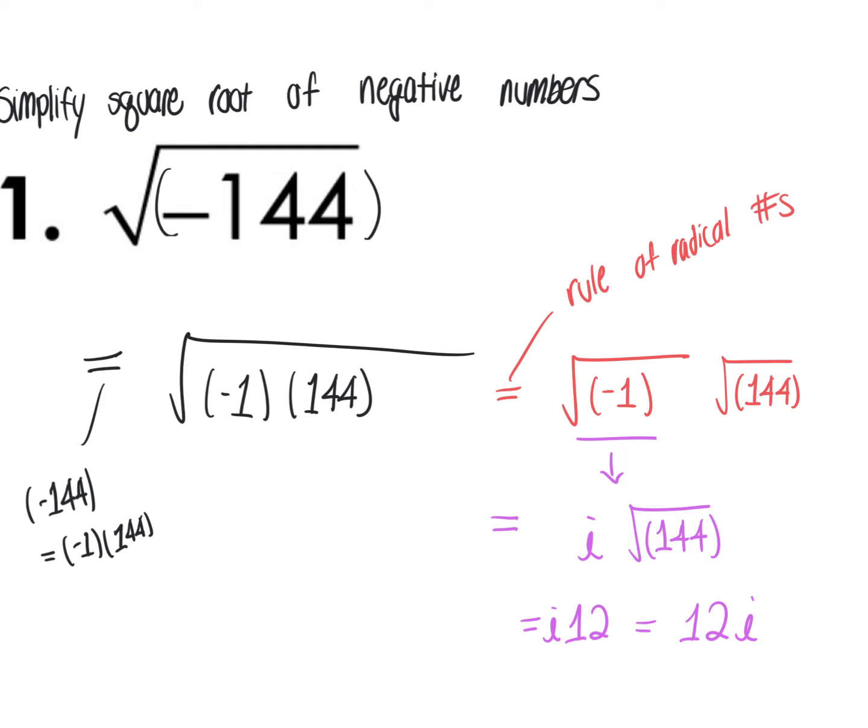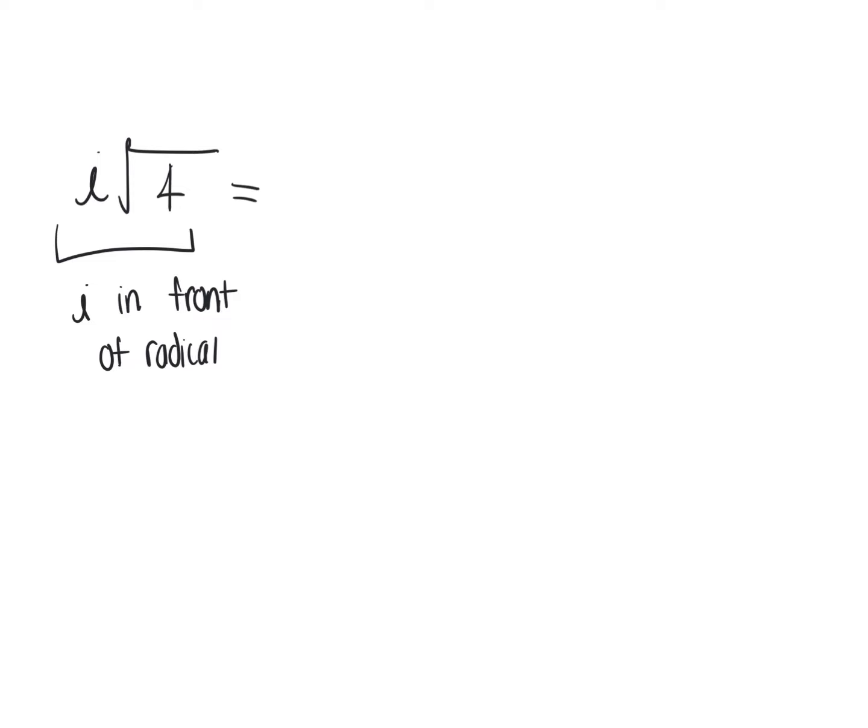Usually, if you have a radical that is written like this, typically you write i in front of the radical. But when you then take the square root of the radical, you get i 2. You want to swap this.